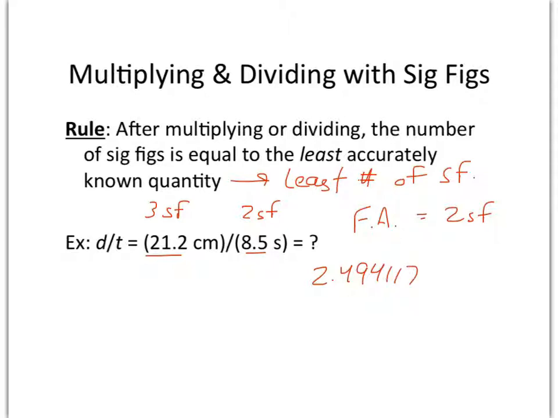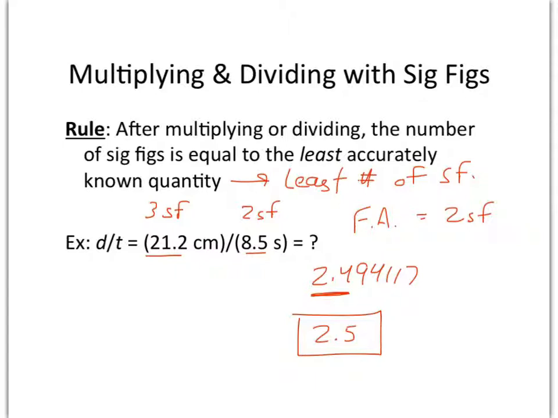But the final answer only has 2 significant figures, so you might just say, oh, it's 2.4, but remember the last digit is kind of rounded up, so that would actually round up to 2.5, especially since that guy right there is a 9. That would definitely round up, so 2.5 would be our final answer in significant figures.